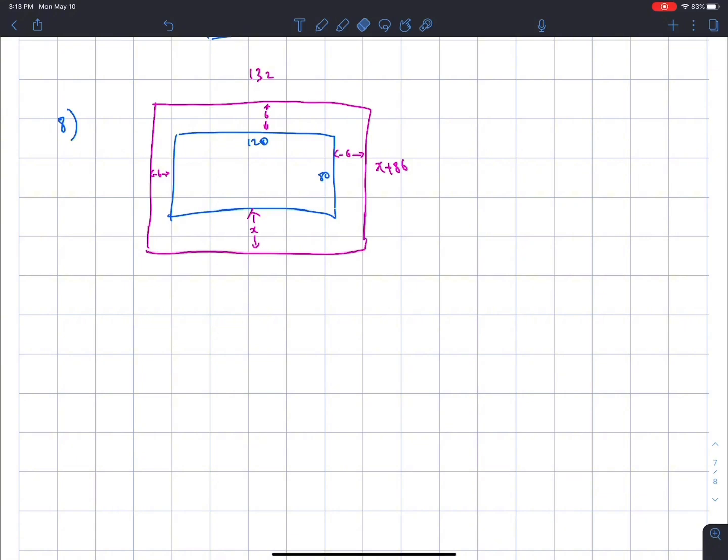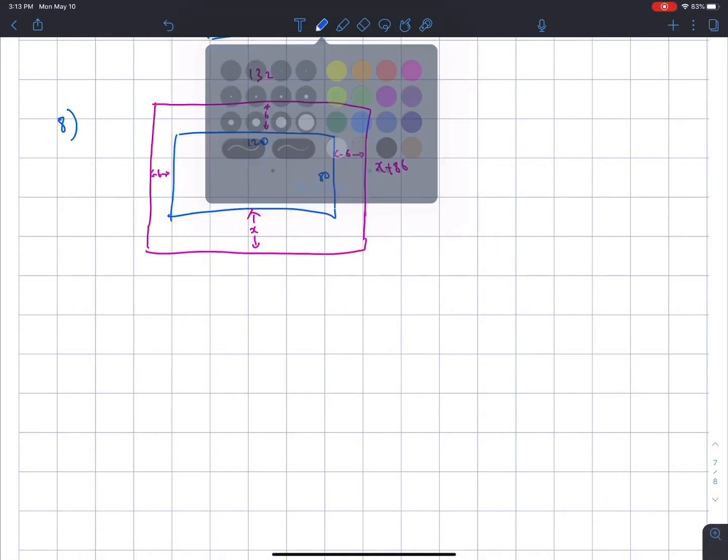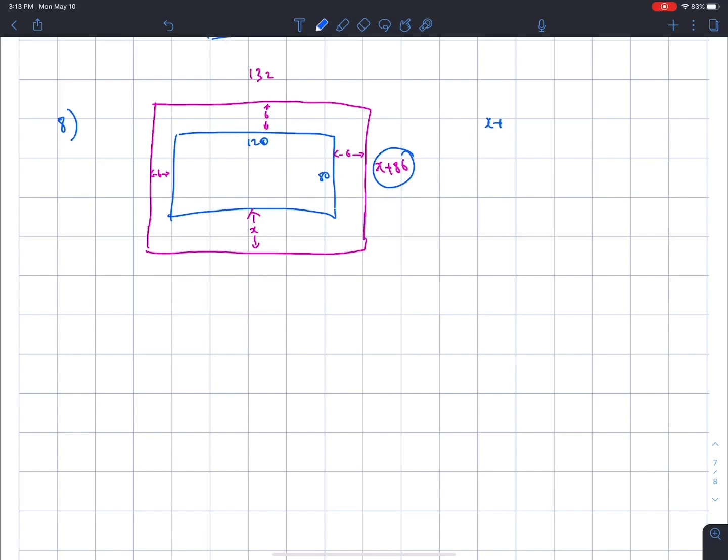So, would that be possible? Let me see. I'm just trying to figure out which one is the corresponding side. We were told that they're similar. Okay, we can try. Let's try x plus 86, I'm going to let that be the width, so I'm going to divide that over 120.